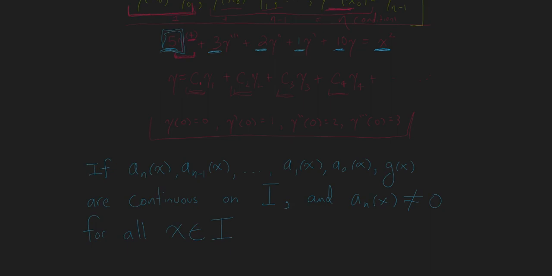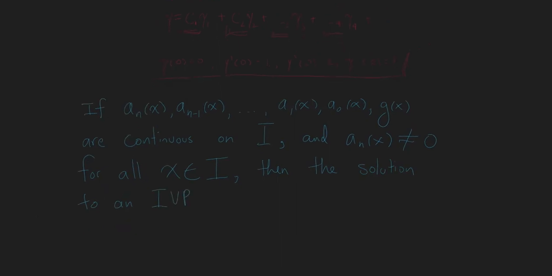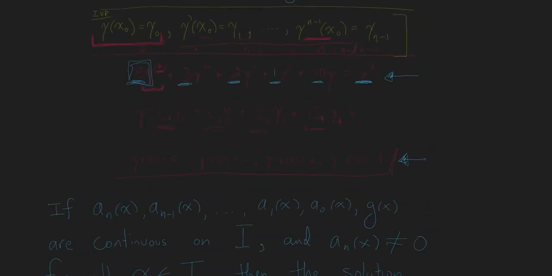So if all of our coefficients and our function are continuous on I, and our leading coefficient of the highest order derivative of the differential equation does not equal 0 in that interval, then the solution to an initial value problem exists and is unique, meaning if we have a linear nth order differential equation like this one right here, and we subscribe it or constrain it to a set of initial conditions, then we can apply this test where we can say, okay, are all of the coefficients and the other function, are they continuous?